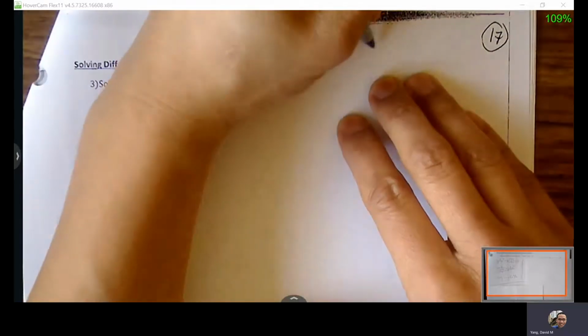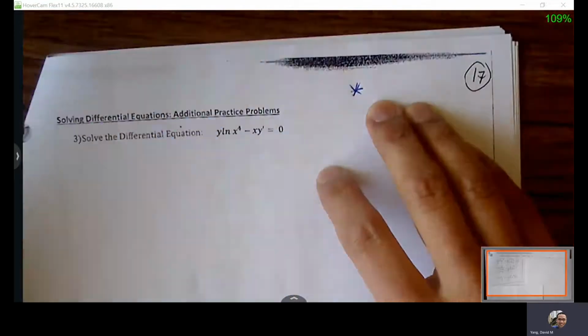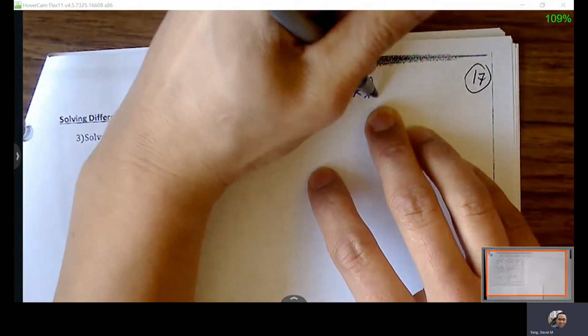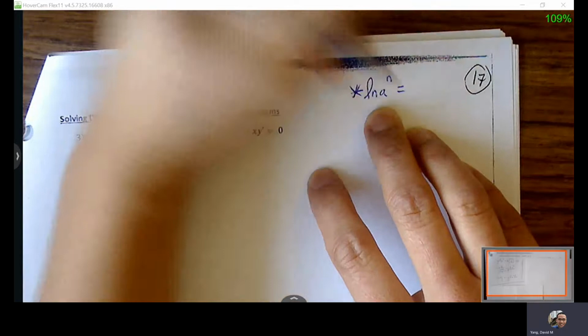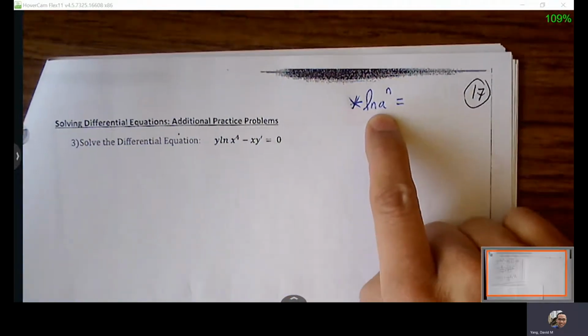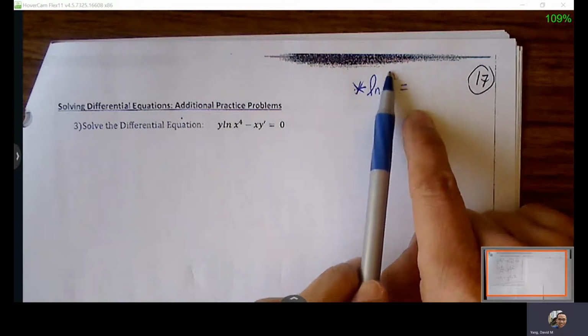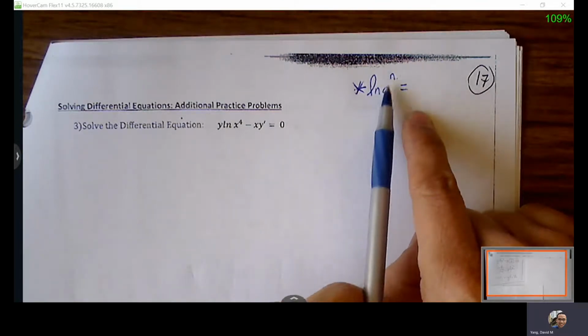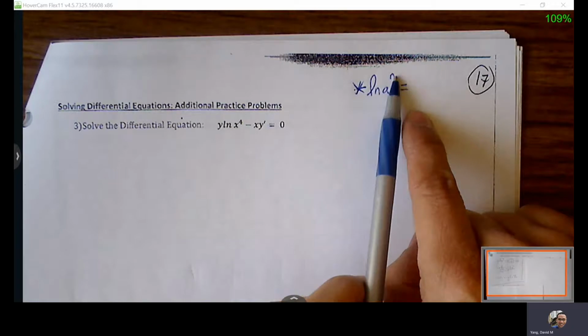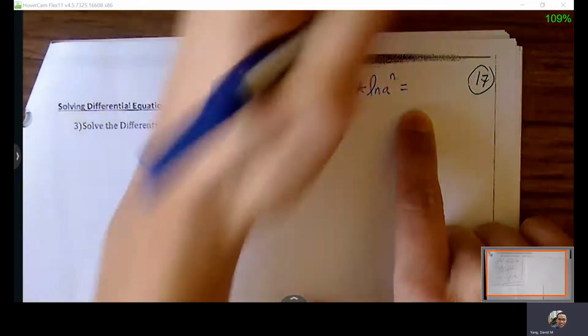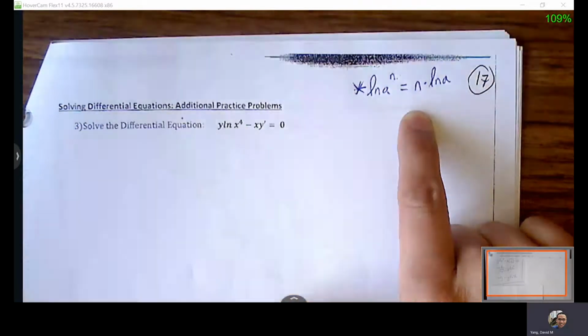Just want to point something out here that this will maybe come in handy a little bit later. Recall that there's a log property called the power property, which says that if an exponent is living in a natural log expression, that exponent can be free to move in front depending on if it helps you progress in your problem.